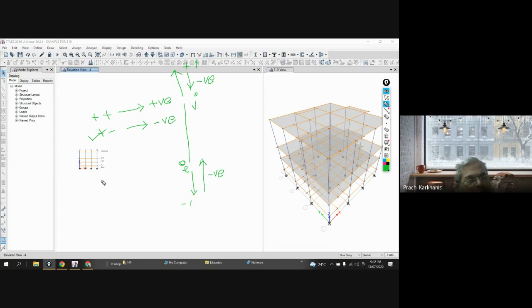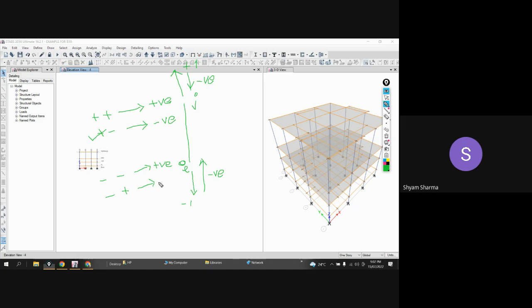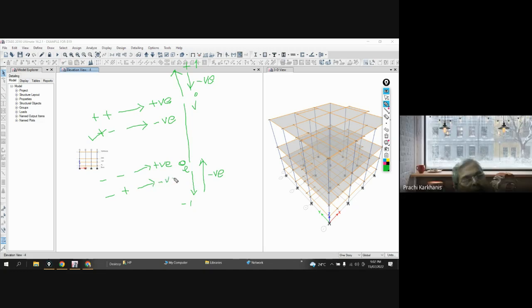At the negative end, negative phase, negative direction will be considered positive. Negative phase, positive direction will be considered negative. So your phase is negative, but direction is positive, so negative. Whichever way you do it.